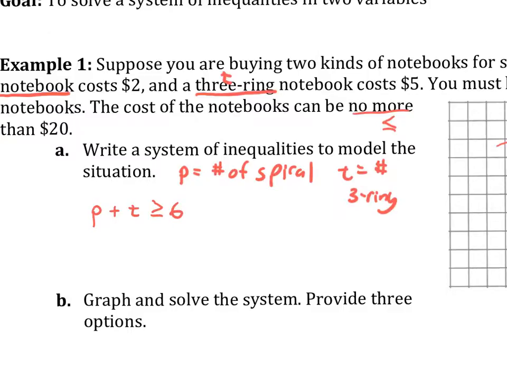Now the other one is talking about costs, right? So the spiral notebook costs $2. So that's going to be the cost of how much money I spend on spiral. And the next one is $5, and that's going to tell me 5 times T is how much I spent on 3-ring. And I have an upper limit. I can't go higher than 20.